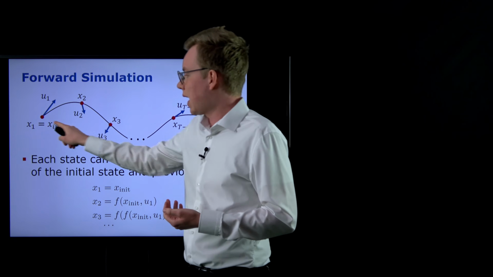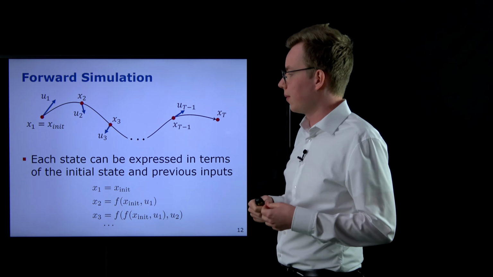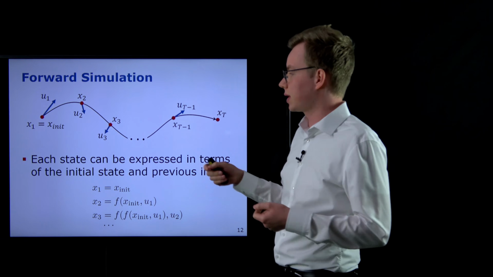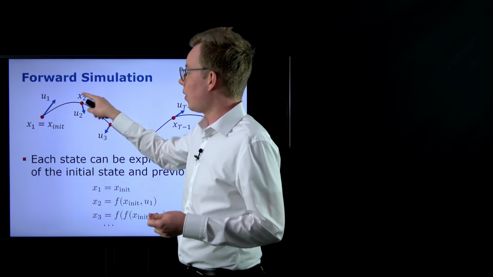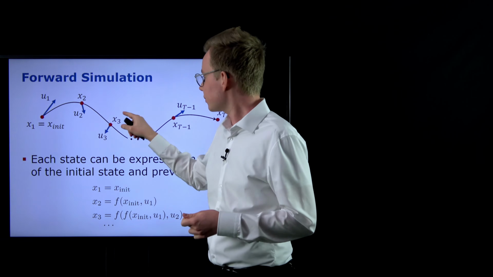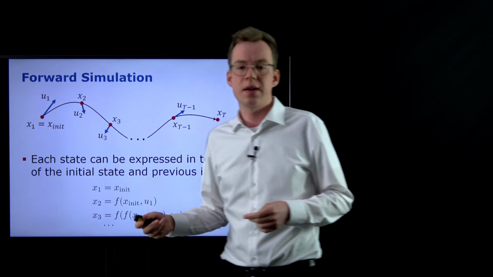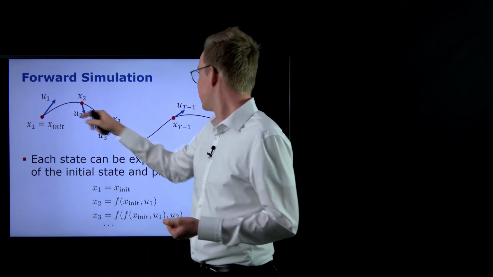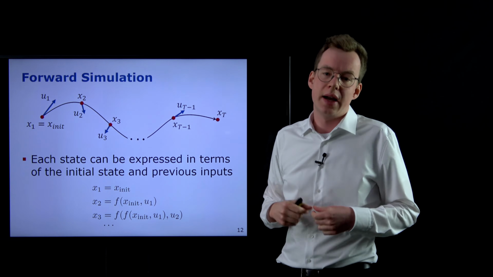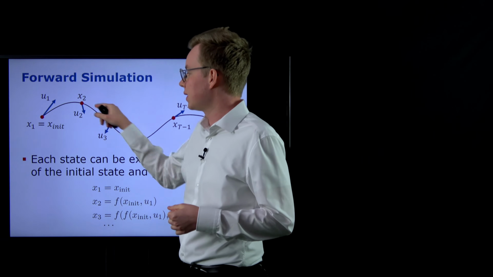And so if we have the initial conditions, which we will be given by our state estimation pipeline, for example, then we can get rid of all the future states by writing them in terms of controls. So the idea is that in the end, we only want to have the control variables, so the u1 to uT, as decision variables in our optimization, and we don't want to have the states.